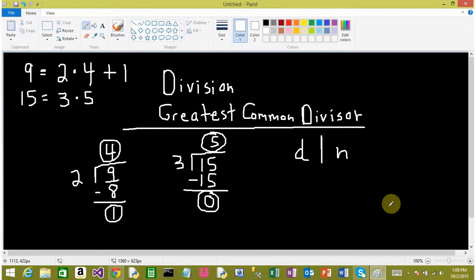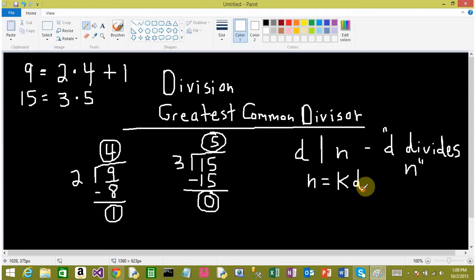The way you can say this is that D divides n. And the way you can express this is that n is equal to some integer k times D. So k is an integer.